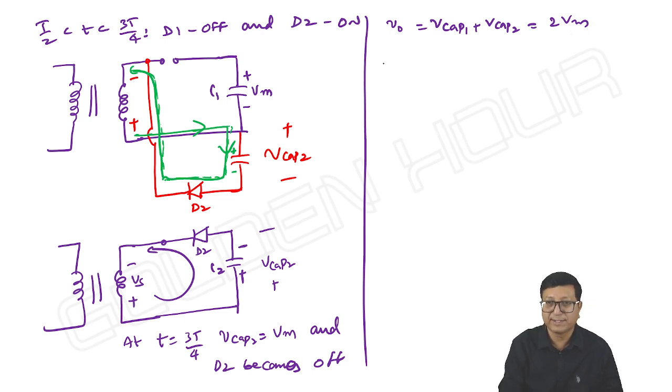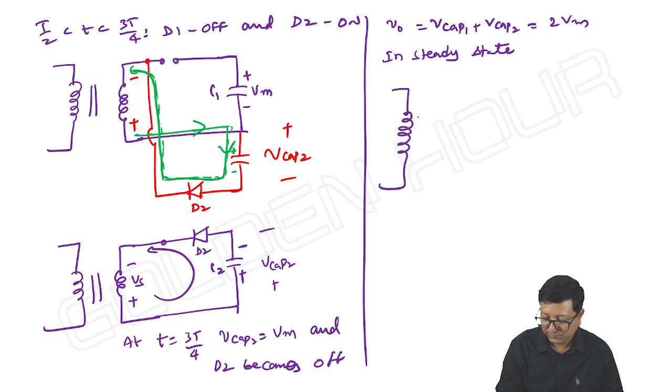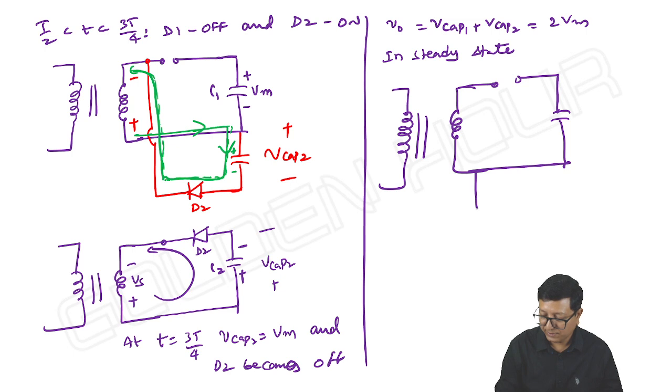Of course, in steady state, this diode is open circuit and the other diode is also open circuit.